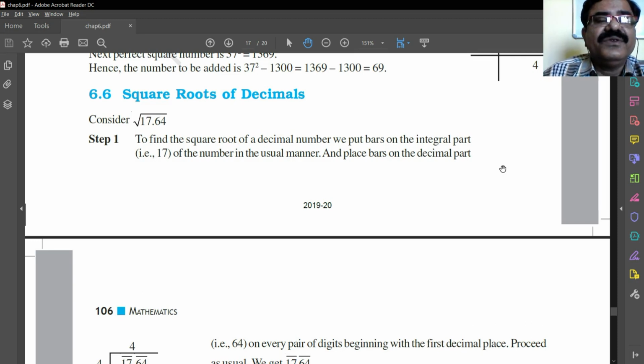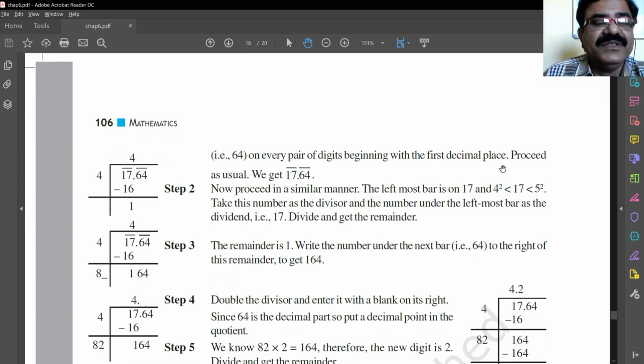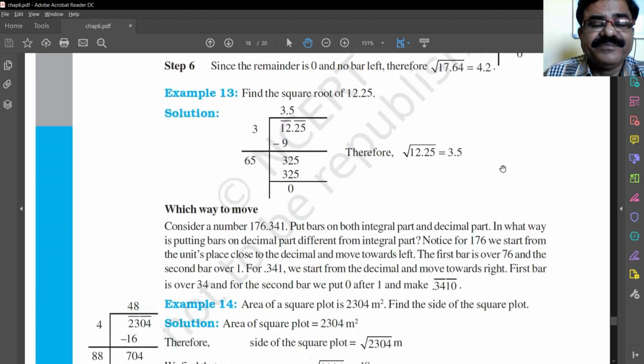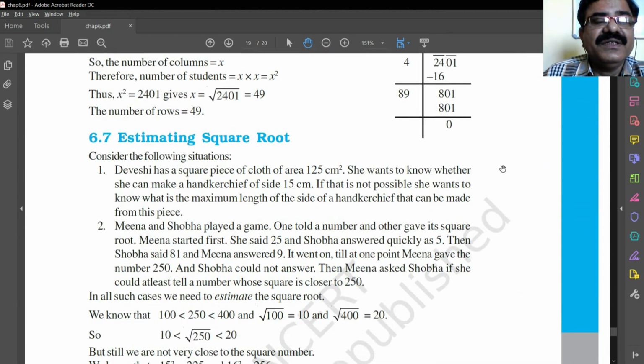In the square root of decimals, the same process is adopted. From the right side we take the pairs, and after that we start to divide the number, and we can obtain the square root. You can also estimate square roots.